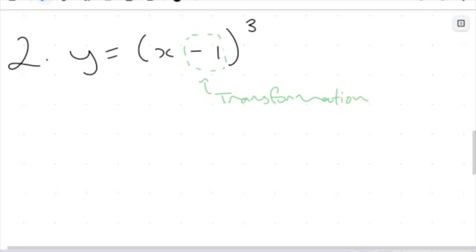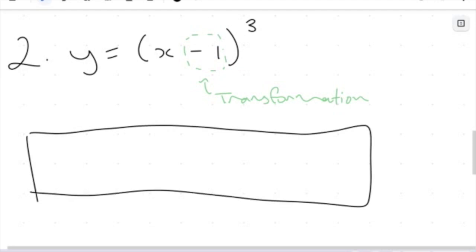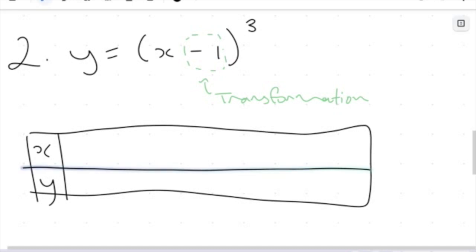If you don't want to do the table of values, you can try to find your intercepts immediately and recall what you know about these types of translations. But I'm just going to run through this a little slower just so we are all on the same page.